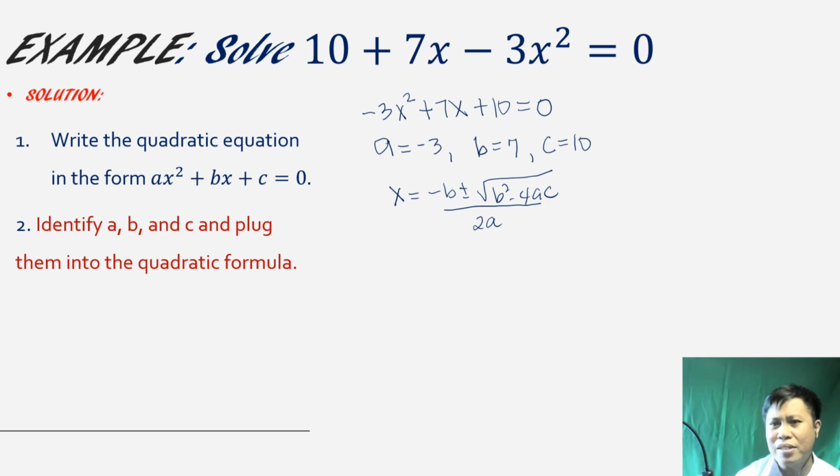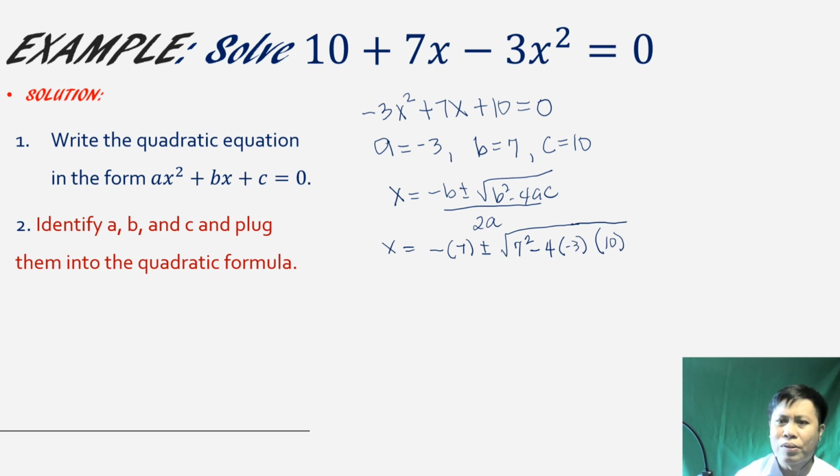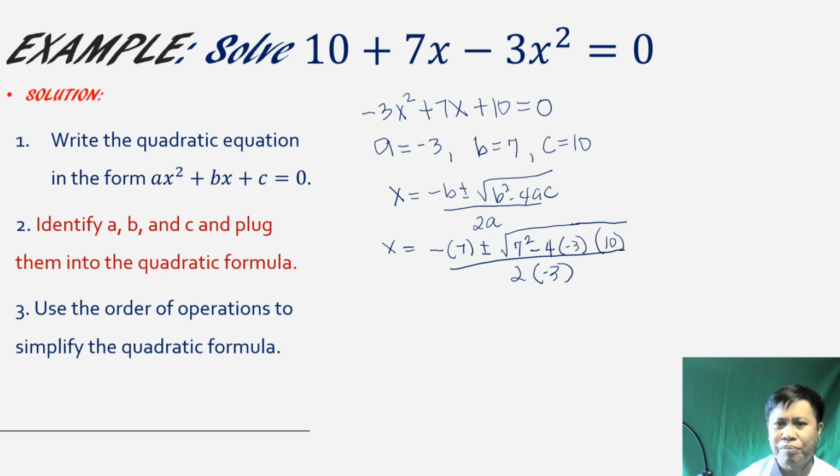So we have now x equals negative of positive 7 plus and minus square root of 7 squared minus 4 times negative 3 times 10. Okay? So divided by 2 times negative 3. Okay, we are going to simplify.